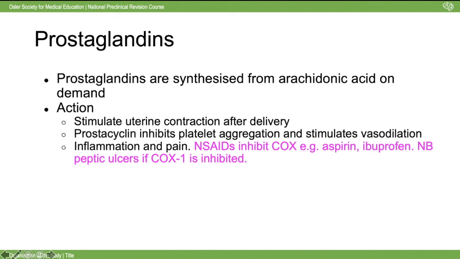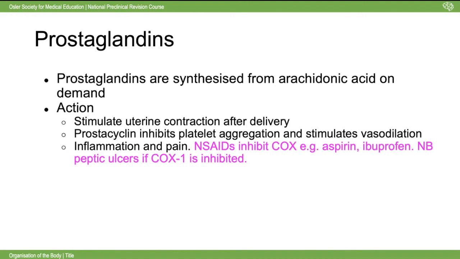And something you should know is that there are two different COX enzymes, so COX-1 and COX-2. COX-2 is the one that specifically mediates pain and inflammation, and COX-1 is ubiquitous, and it's also involved in maintaining that mucus lining of the stomach.